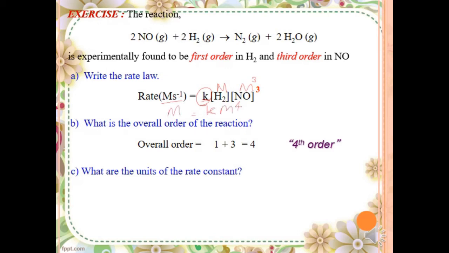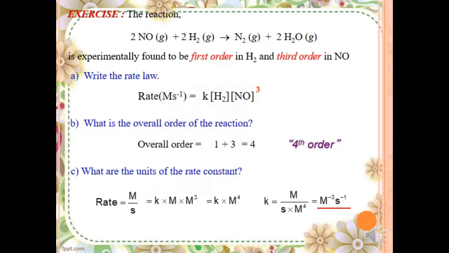Here is molar per second. So to find K, we bring this over here. Okay, so this one cancel, leaving this behind with 3. So the rate constant will be K per second per cubic molar. Okay, so let us check our answer. Okay, yeah, right.